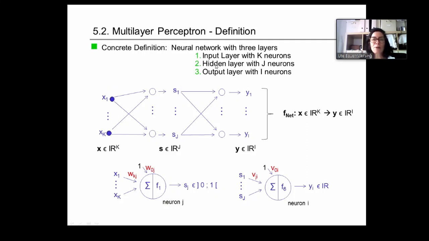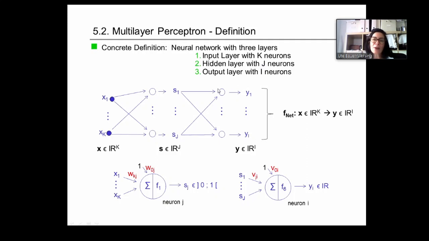This means that the hidden layer gets the input values. We have this hidden layer, and we introduce another letter, J. J is the number of neurons in the hidden layer.